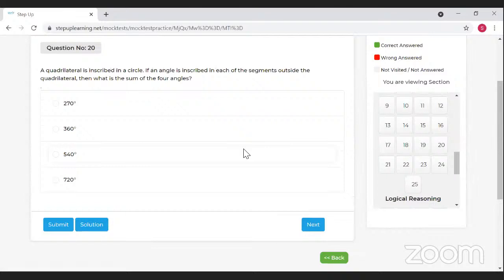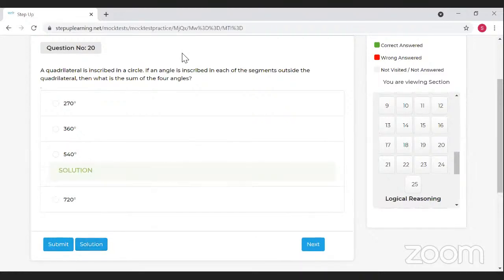This question people, I forgot to see, and my answer is 360-degree, but their answer is 540-degree. I did not have any idea about this one. So my answer is 360-degree. They are saying a quadrilateral is inscribed in a circle.